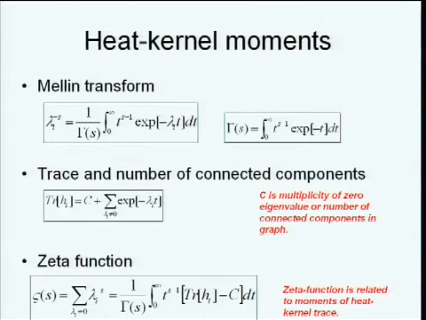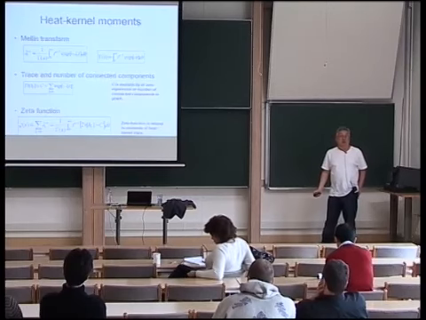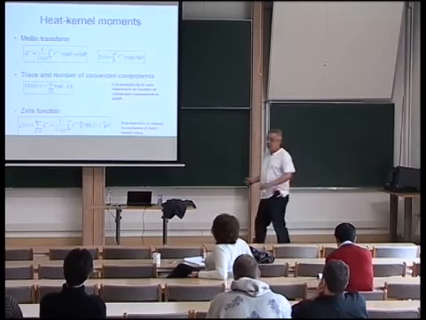The zeta function is just the sum over all non-zero eigenvalues, lambda to the minus s. That's just going to be 1 over gamma s, times the Mellin transform of the trace of the heat kernel minus the number of connected components. So what this means is that we can think of the zeta function as being the normalized moment generating function of the heat kernel trace.